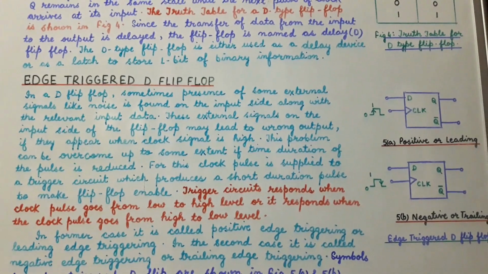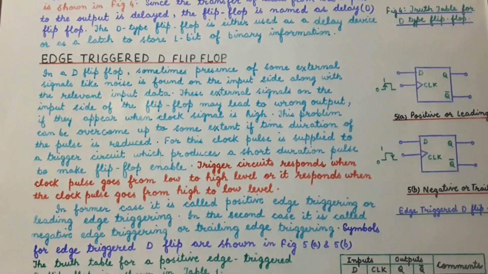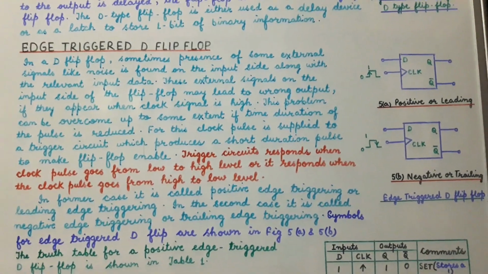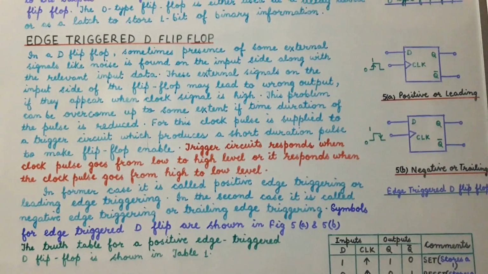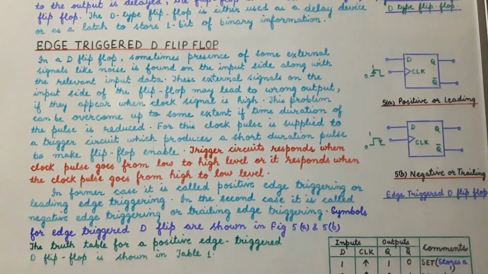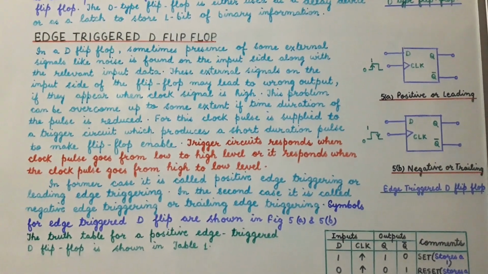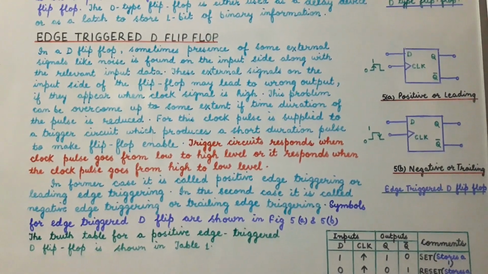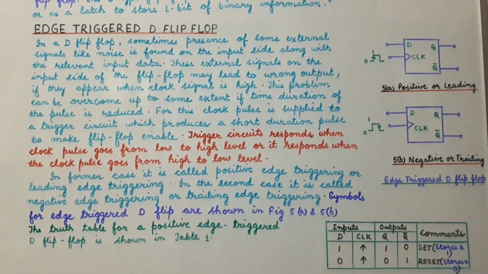This problem can be overcome up to some extent if the time duration of the pulse is reduced. So, for this purpose, the clock pulse is supplied to a trigger circuit which produces a short duration pulse to make the flip-flop enable.